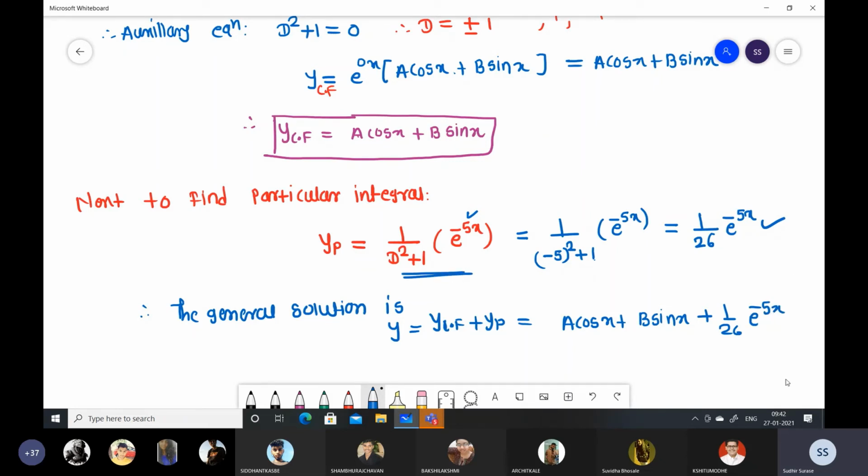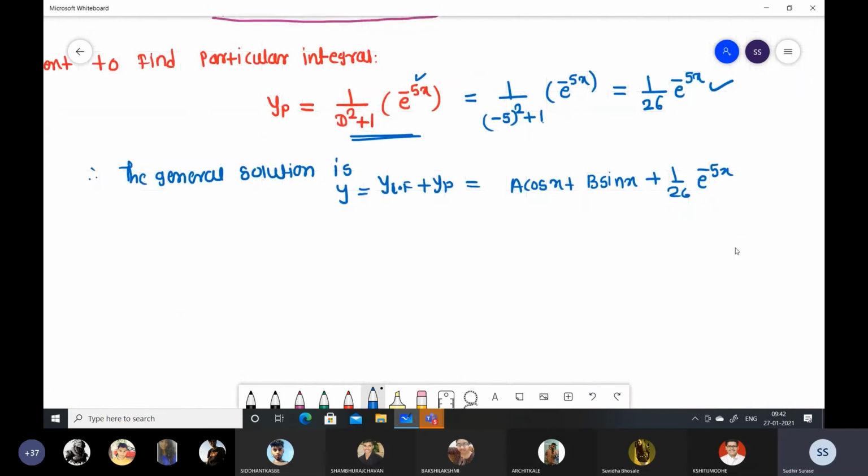And now let me take one example where we will have 0 in the denominator while using the shortcut formula. Okay, second example, d square minus 1. Let me take any other number instead of 1.